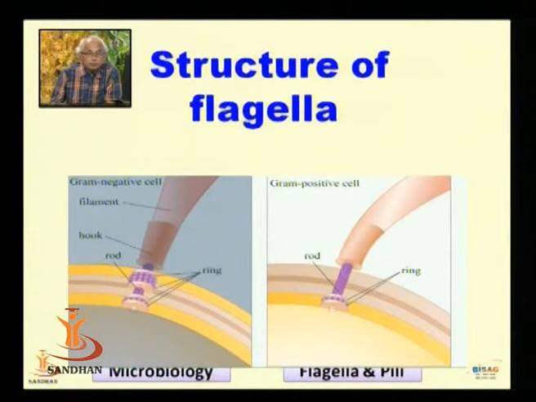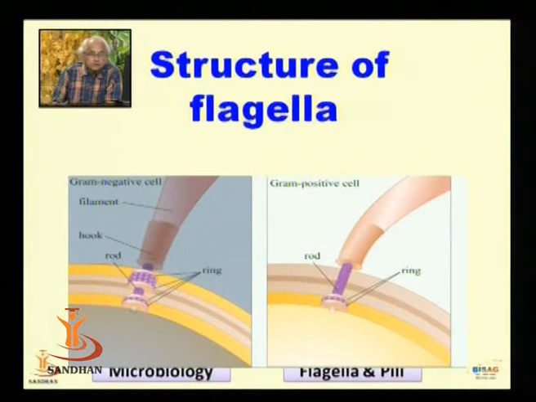In gram positive organisms, the peptidoglycan structure is present as a thick layer, and it provides the mechanical support to the central rod of the basal body. In gram negative organisms, however, the cell wall contains very little peptidoglycan, and instead it contains another layer known as the lipopolysaccharide layer.